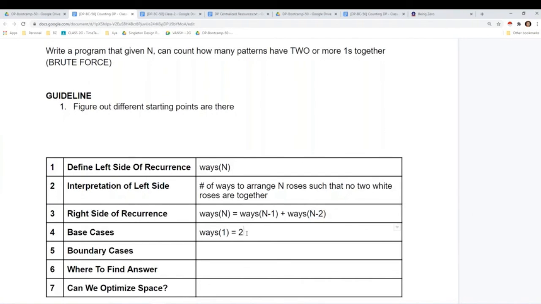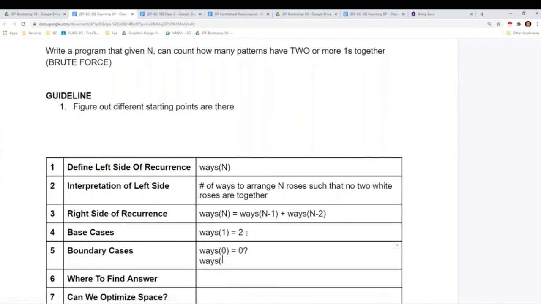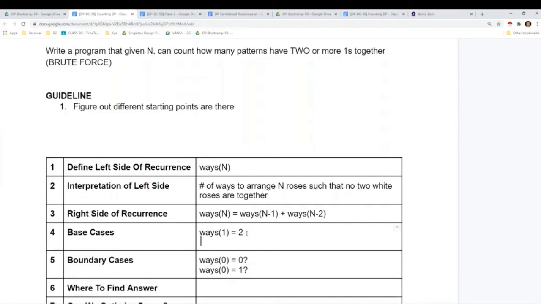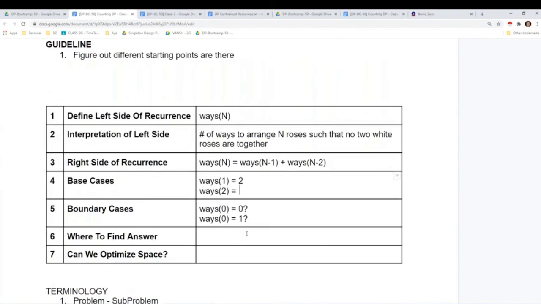Now, I'll give you a pause here. Ways of 0 should be 0, or ways of 0 should be 1? You cannot say it is indefinite. But can you tell manually what is ways of 2?